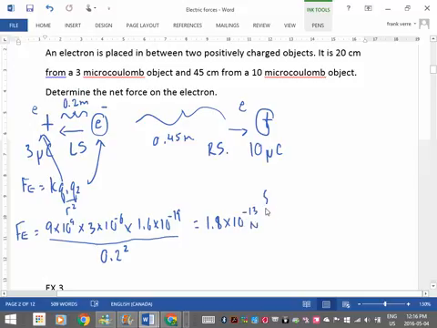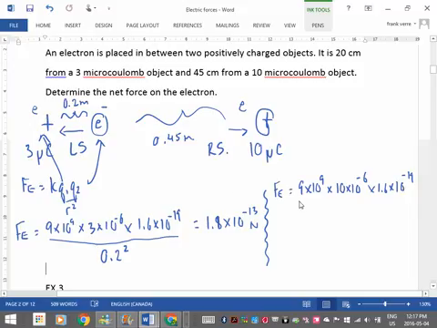Now we'll do the exact same thing on the other side. The force is going to be K, and K is constant. Now Q1, the source, is not 3 microcoulombs, the source is 10 microcoulombs. So it's 10 times 10 to the negative 6. But it's still the same electron, so it's still 1.6 times 10 to the negative 19.